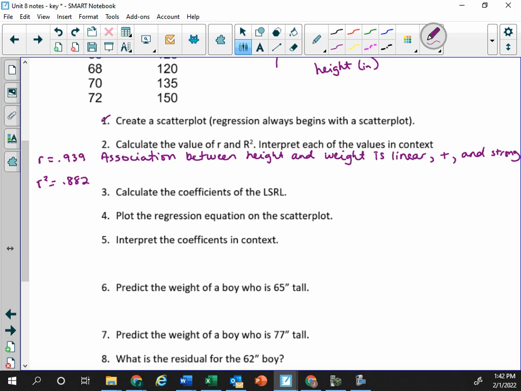So I think the R value makes sense. You can see what direction it's going. The strength is pretty easy to determine. R squared is just weirder to write.